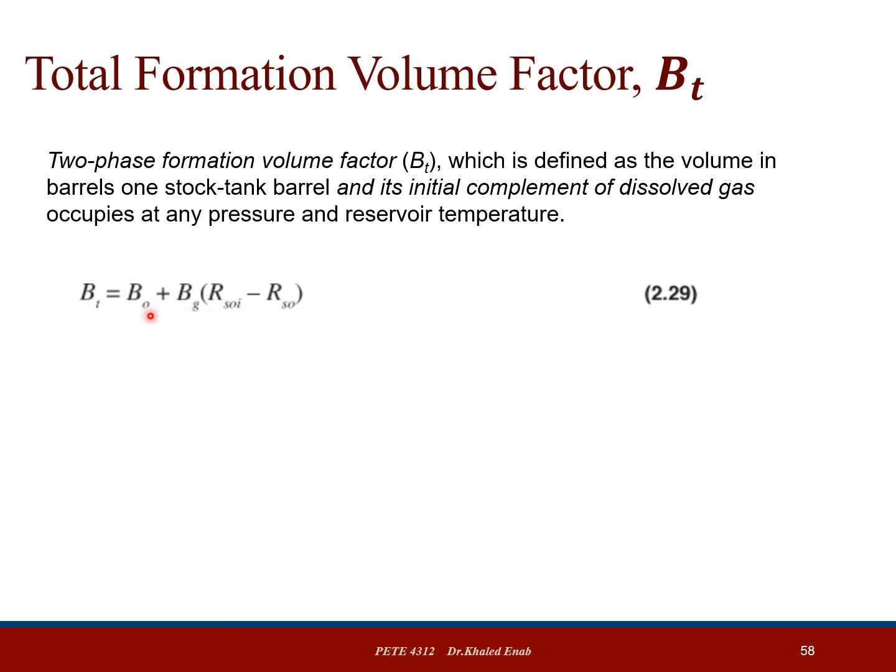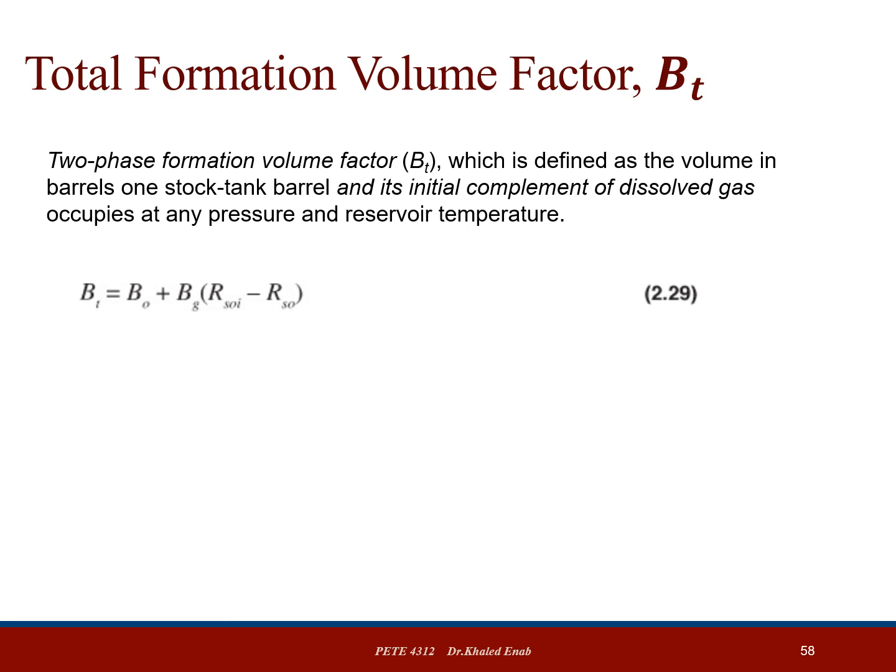So we know at any condition, we have Bo, the oil, and we have the dissolved gas. We can get the released gas by subtracting the dissolved gas at this condition from the initial dissolved gas. So if I started with 100 cubic feet dissolved in 1 barrel, and after I produced a little bit, let's say at 2000 psi, when I moved to 1000 psi, my solution gas, my Rso, became 50. That means in my 1 barrel of liquid, I have 50 dissolved gas.